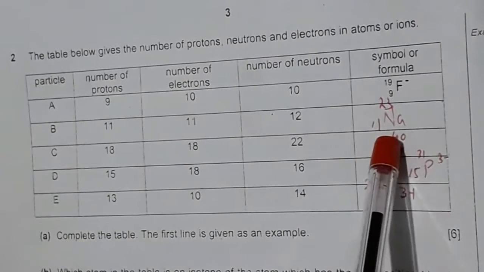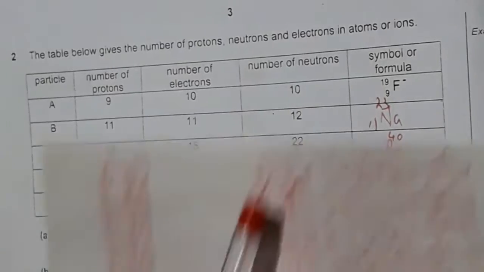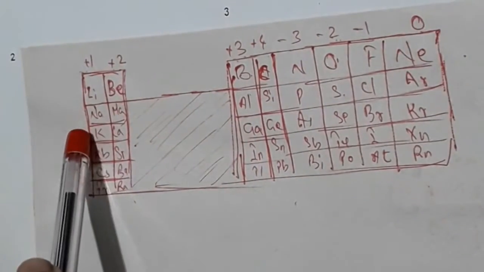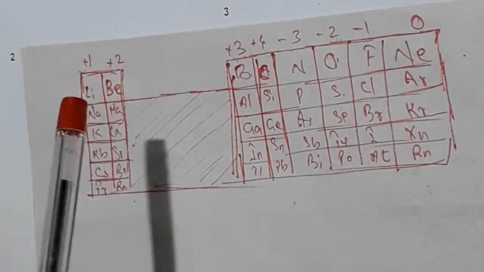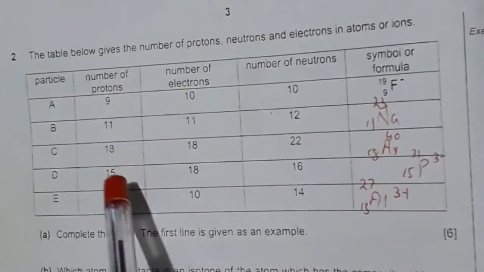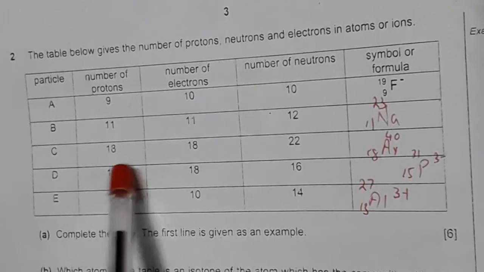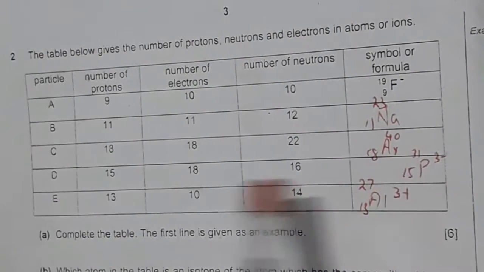Sodium, Na. These numbers you will get from the same periodic table, Na, 11 and 23. So you have to focus on proton number. Third one, 13 means aluminium, Al.